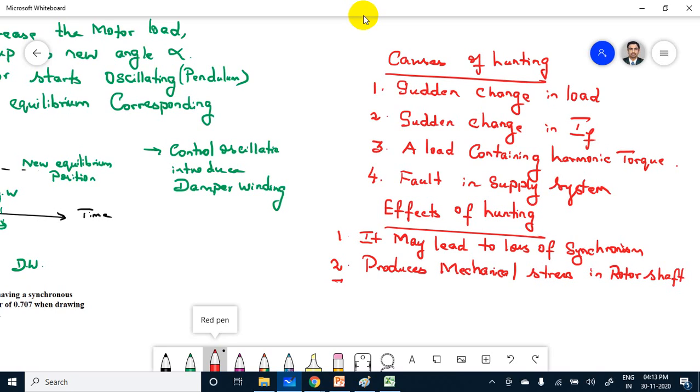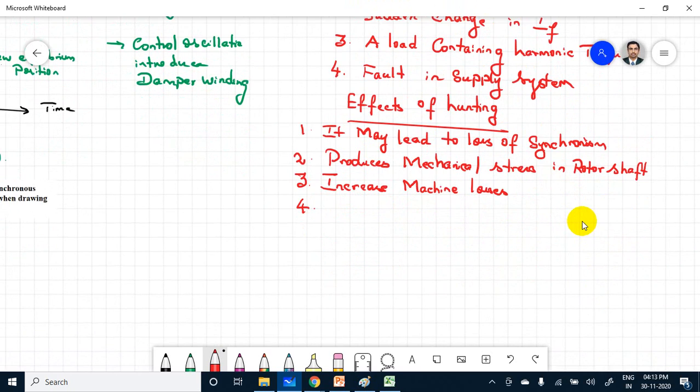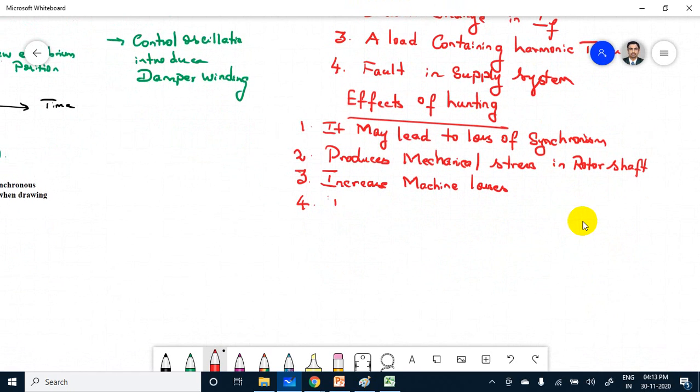Third, it increases machine losses. Fourth, if the losses are increased due to hunting, then there will be an increase in temperature.